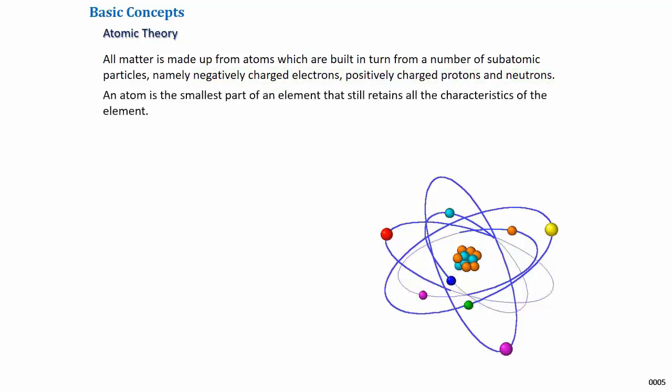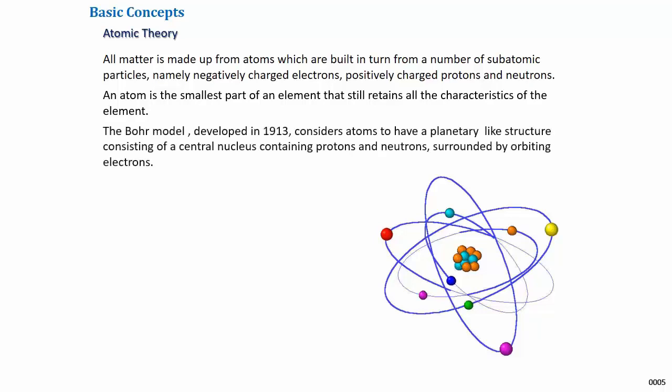An atom is the smallest part of an element that still retains all the characteristics of the element. The Bohr model, developed in 1913, considers atoms to have a planetary-like structure consisting of a central nucleus containing the protons and neutrons, surrounded by orbiting electrons.